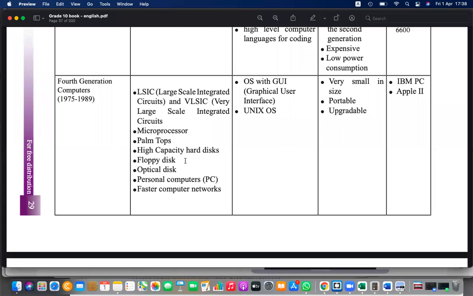Memory cards all came in the 4th and 5th generations. GUI, graphical user interface, was there, and Apple and IBM personal computers became portable, meaning you can bring a computer home. It uses a very small amount of power. You can run a computer with a battery. So laptops were introduced in the 4th generation.